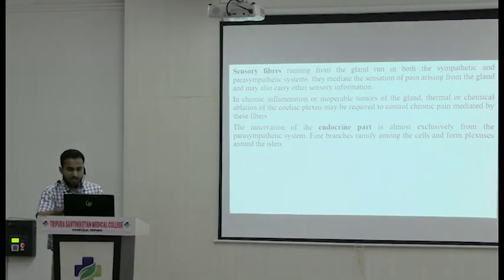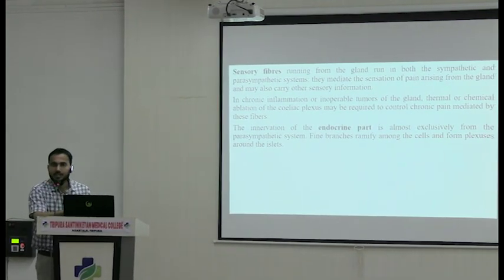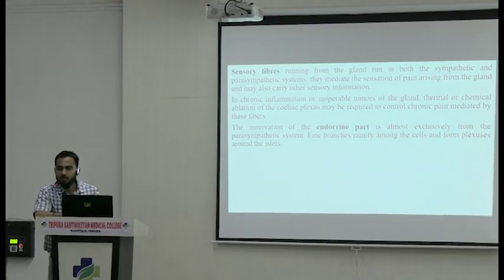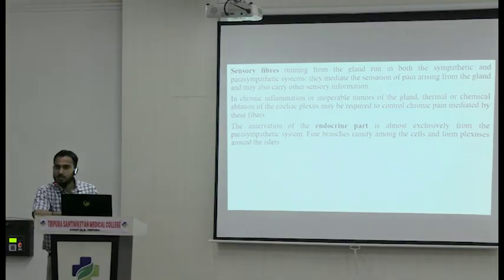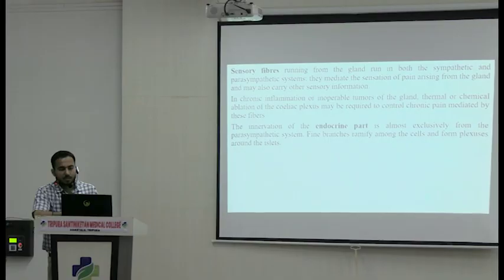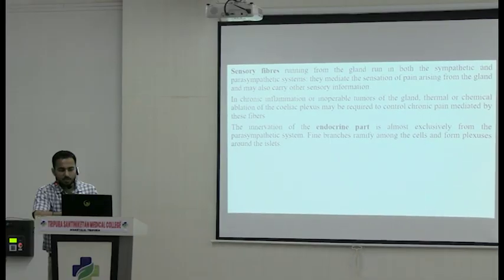Next, sensory fibers. That means whenever there is inflammation, at that time pain will be felt. The pain sensation travels through both the sympathetic as well as the parasympathetic nervous system. The pain arising from the gland may carry the sensory information in chronic inflammation.